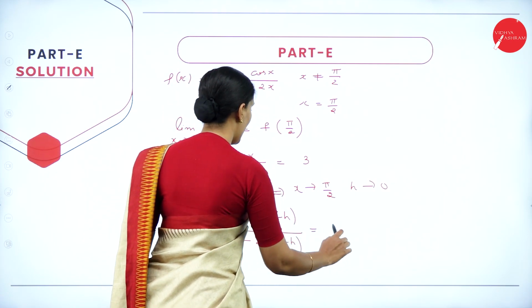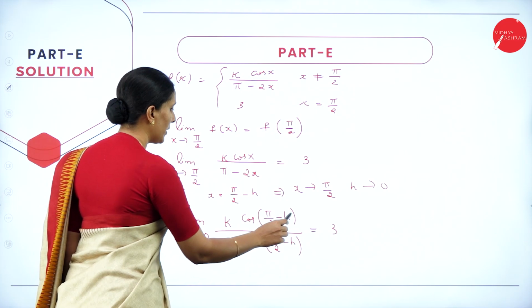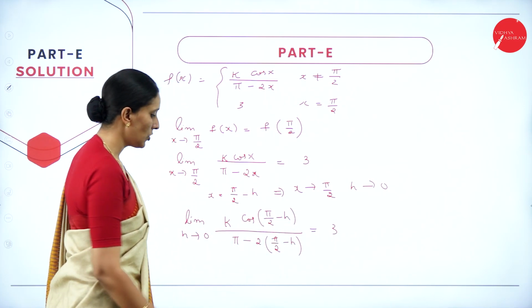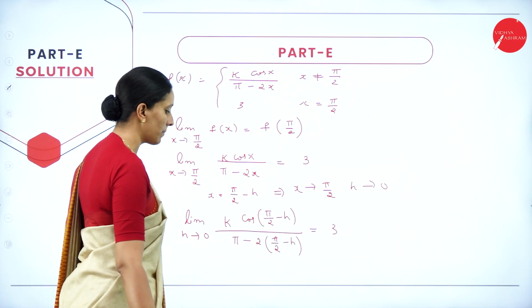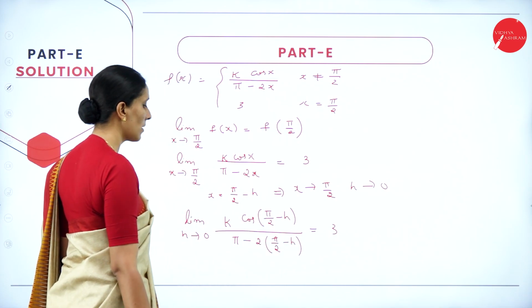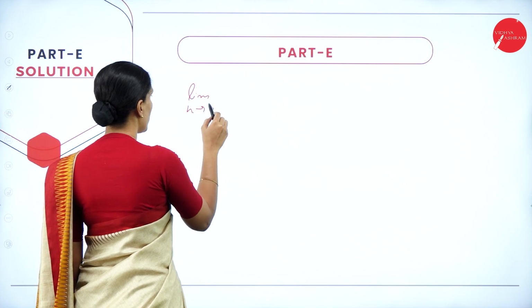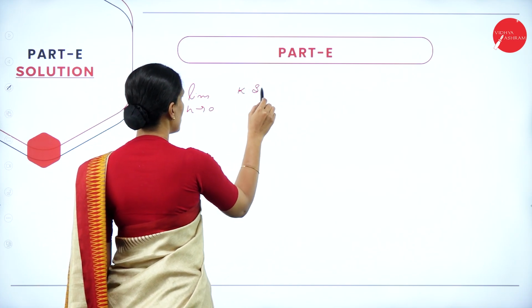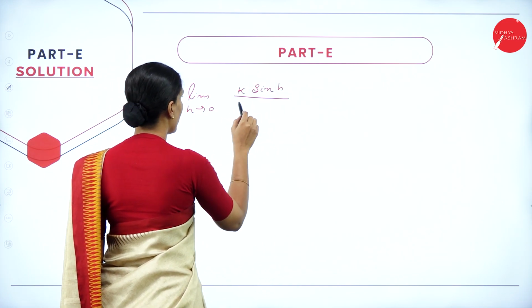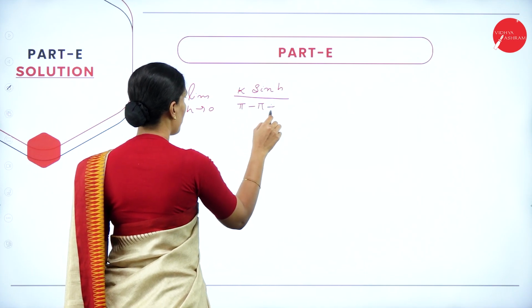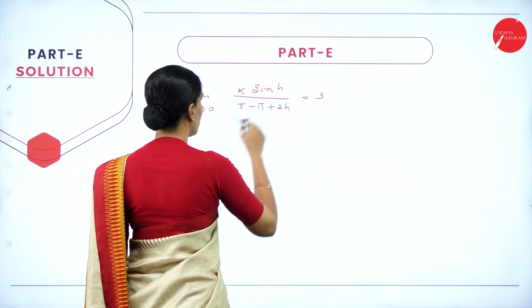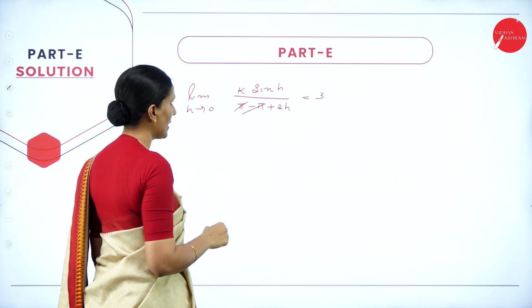So here we have 3. So cos of pi by 2 minus h can be written as sin h. 2 into pi by 2 becomes pi, minus into minus plus 2h. So limit as h tends to 0, k sin h divided by pi minus pi plus 2h is equal to 3. So pi and pi get cancelled here.